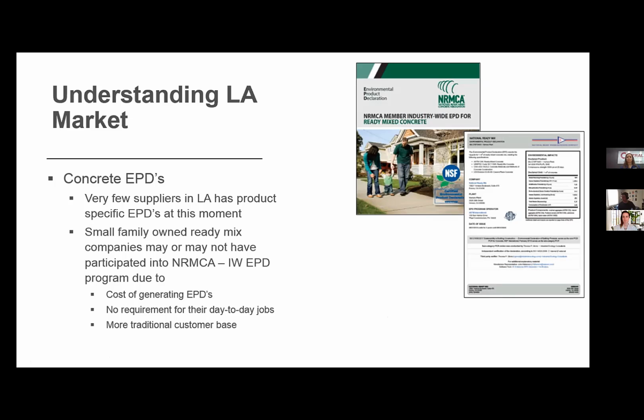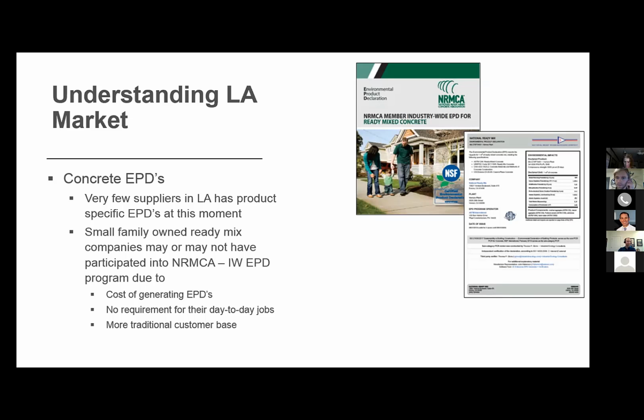I know that we, National, have partnered with Climate Earth to do product-specific EPDs on anything that we want to. There's companies that might do Type 3, third-party verified EPDs on a few of their mixes, which is okay.